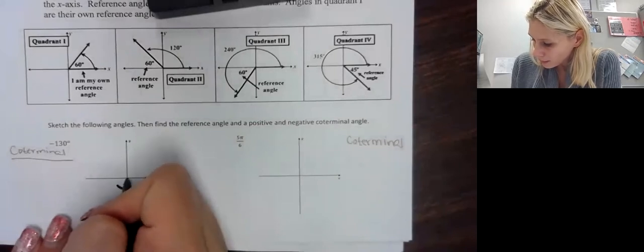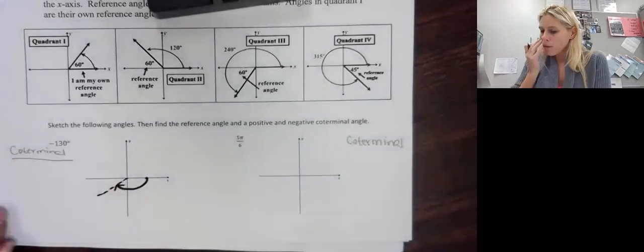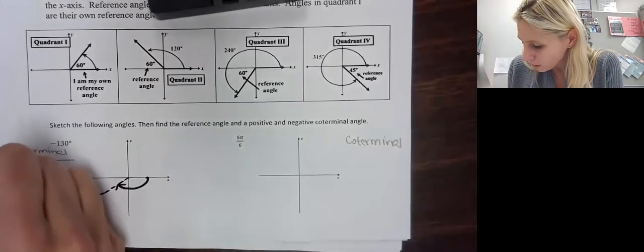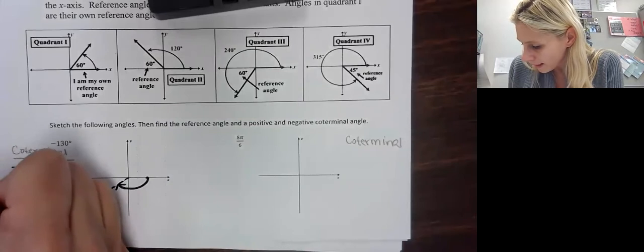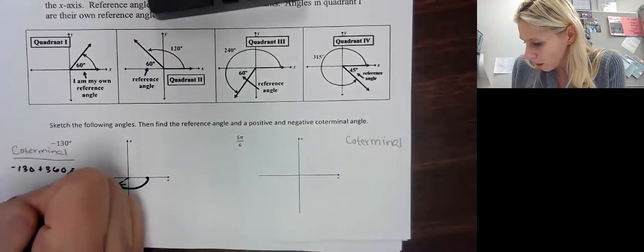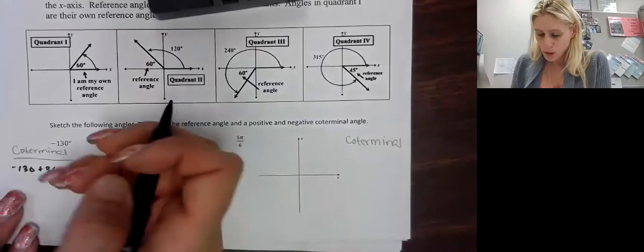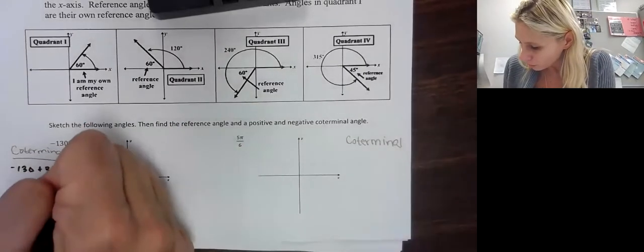So that 130 is going to be around here. So what we can do is take negative 130 and add 360 to it, and we would get a coterminal. Negative 130 plus 360. So a coterminal angle would be 230.